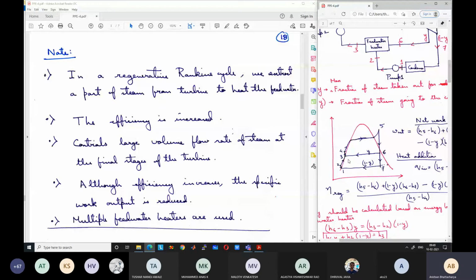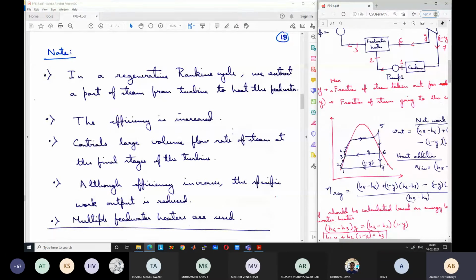From 5 to 6, the entire amount of steam is undergoing expansion and generating work, but from 6 to 7, less work is generated. So as a result, the net work output from the cycle is lower per unit mass flow rate.